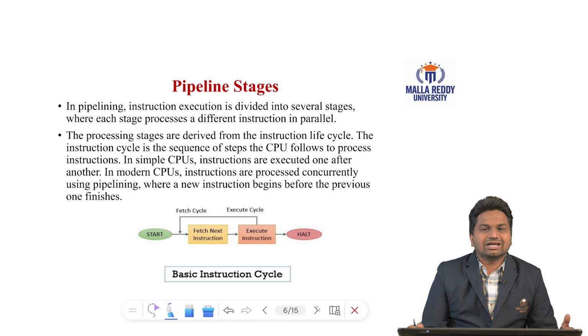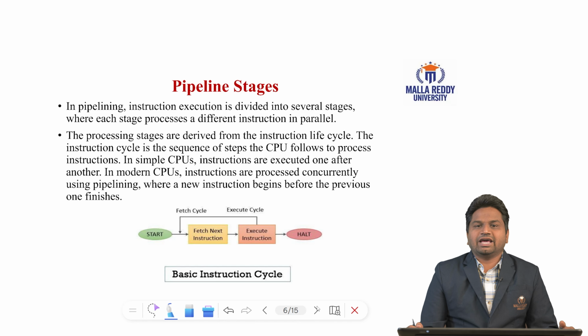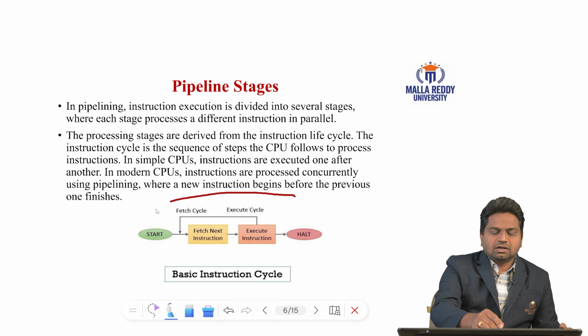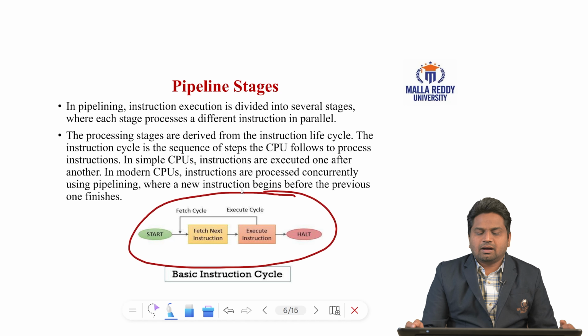The second is decoding of the instruction. Third is execution of the instruction. And finally, the fourth one is write back. This combination of four operations gives you the instruction life cycle. In this diagram itself, you can observe the start, fetching the instruction, and execution of the instruction.